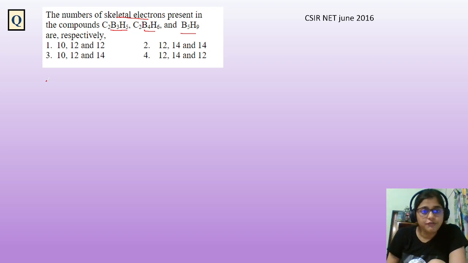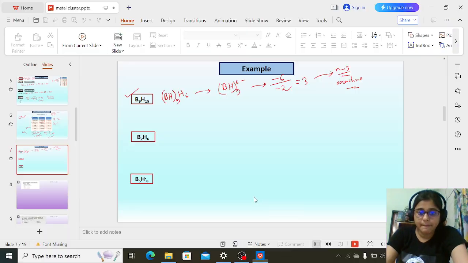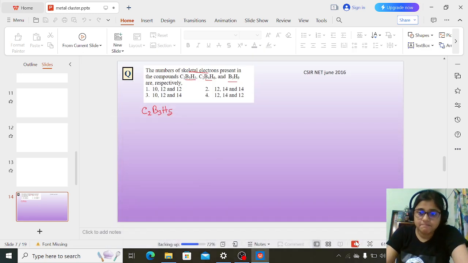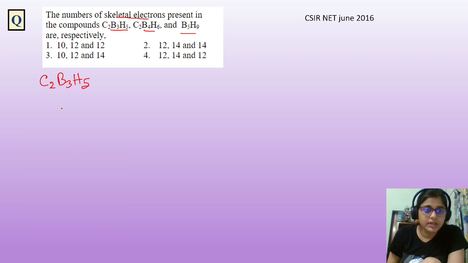So first, for the first case, this is C2B3H5. Let me just see that. Okay, fine. So in the case of C2, I know that I can replace C2 with BH. So BH whole 2 and B3H5, right?